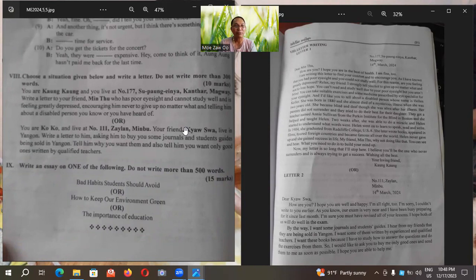Write a letter to your friend Mintu, who has poor eyesight and cannot study well and is feeling greatly depressed, encouraging him never to give up no matter what, and telling him about a disabled person you know or you have heard of.